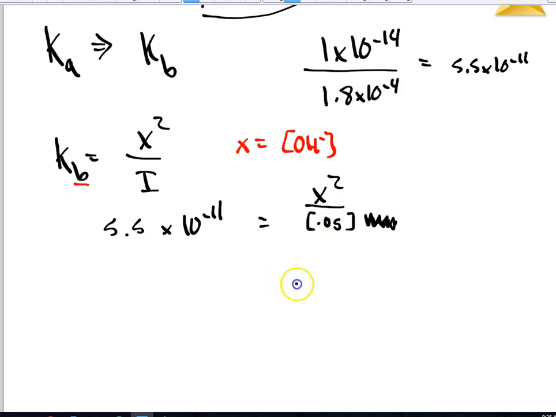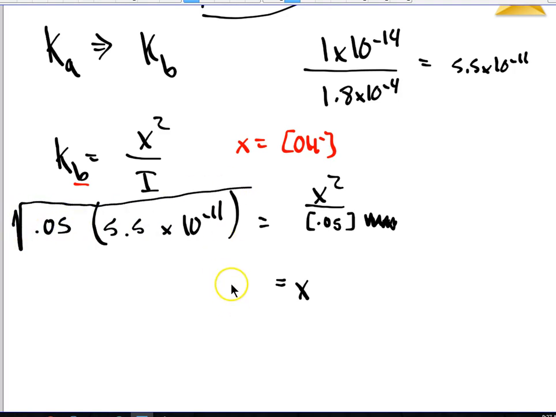Will you solve for x? So what did x end up being?